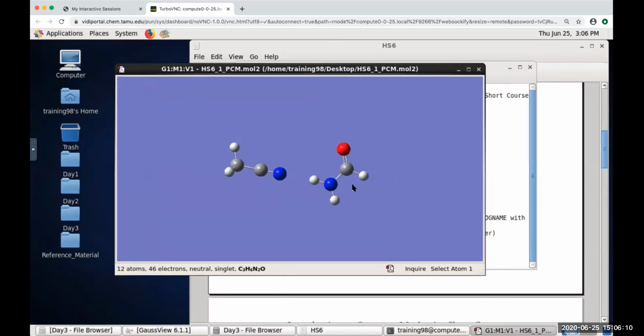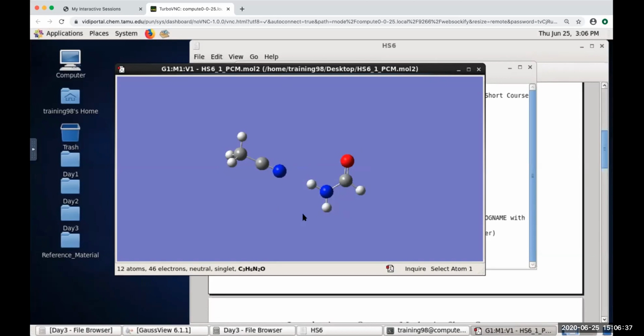This acetonitrile is strategically placed, right? So I'm looking at the effect of acetonitrile on the CO stretching frequency. So you would think that you would put the acetonitrile where the CO is, but the acetonitrile is not really going to interact that strongly with the oxygen. What the acetonitrile is going to interact with mostly are the hydrogens on the NH2 component of your formaldehyde.